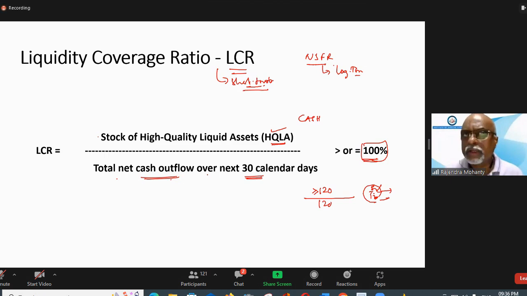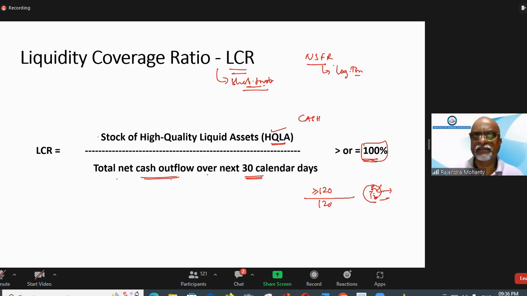To overcome this crisis, it has been suggested by Basel that banks should maintain an adequate level of high quality liquid assets, which can be easily converted into cash to meet its liquidity need for the 30 calendar days time horizon.